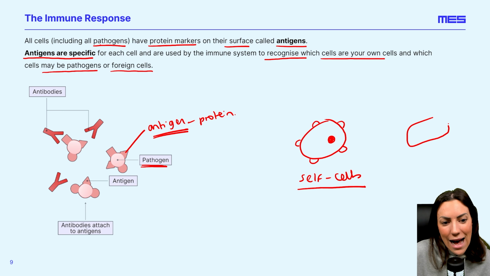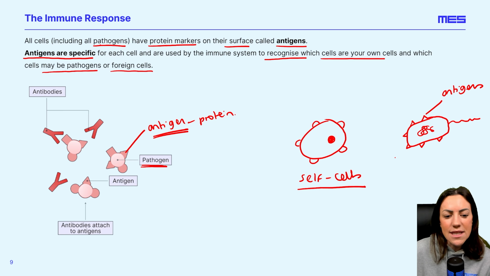But if a pathogen, let's draw a little bacterium here, the little flagellum, if a pathogen enters and makes its way into your bloodstream, the pathogen also has these antigens, these proteins on its cell surface, but can you see they're a different shape? They are specific to that pathogen and they are a different shape.